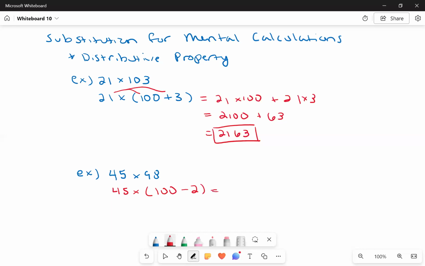So if I distribute the 45, that gives me 45 times 100 plus 45 times 2.